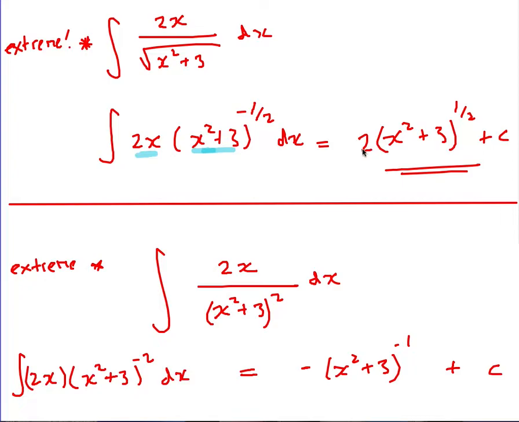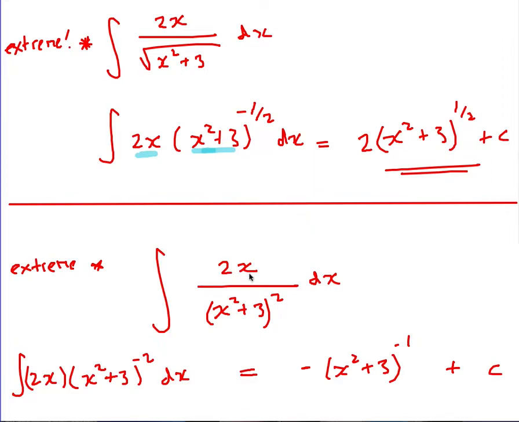In this case, we get this. If we reduce the power by 1, bring this down here, and this becomes a negative, times by 2x, then we will get back to this stage here. So we're using this rule rather than the quotient version.